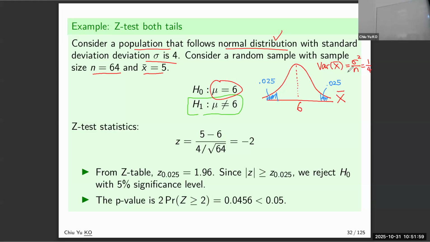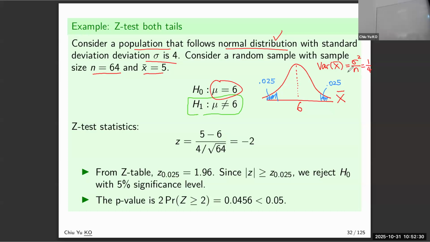Because we have to decide what to reject before we run the experiment. Before we collect data. So we have to say alpha, which is our type 1 error, can be on both sides, right? If too large, you reject. Too small, you reject. Okay. So if you say the alpha is 5%, then you have to distribute the alpha on both sides. Okay.